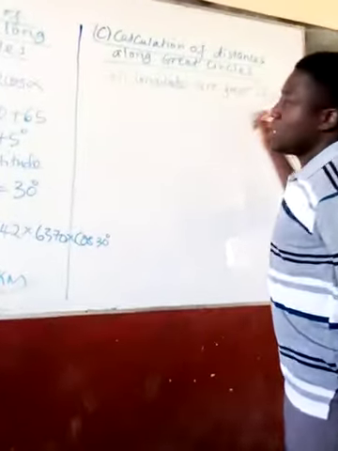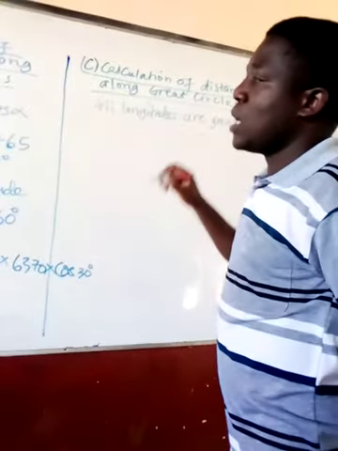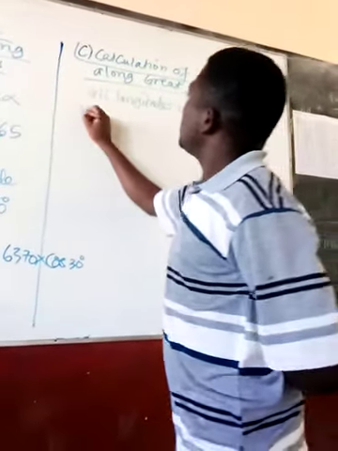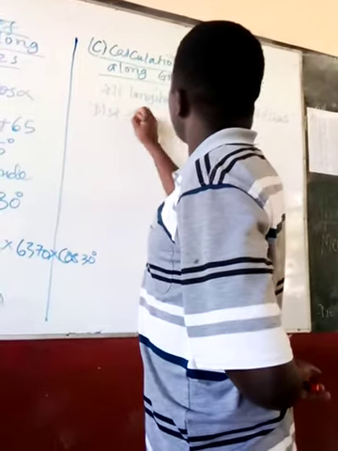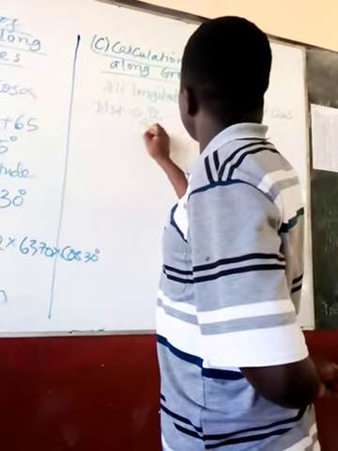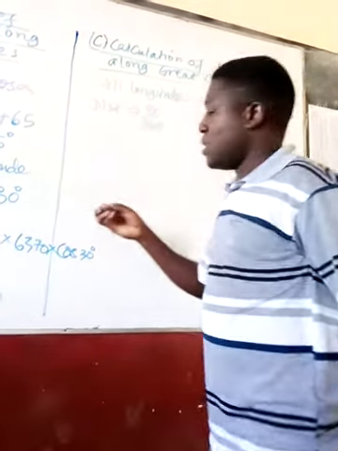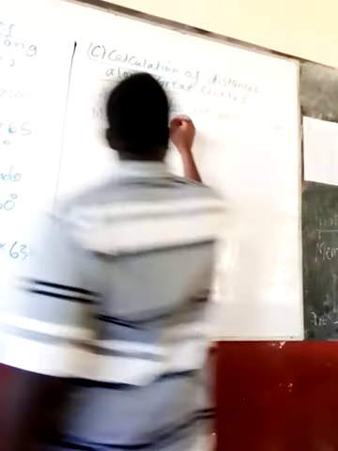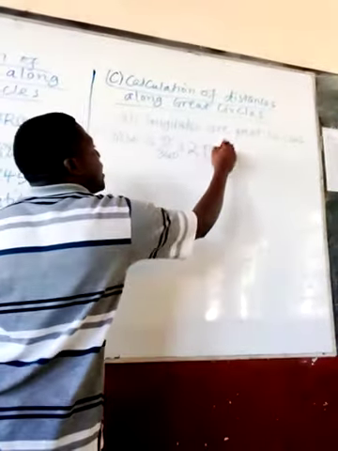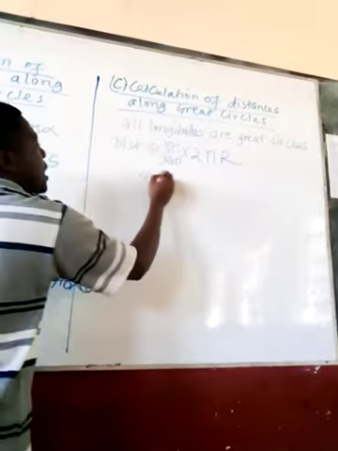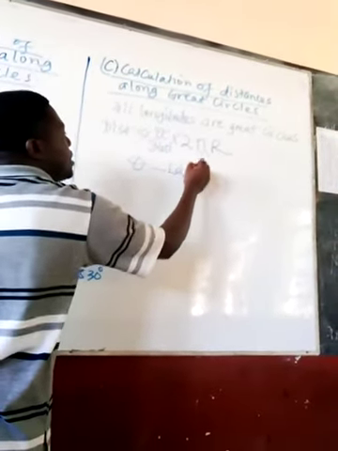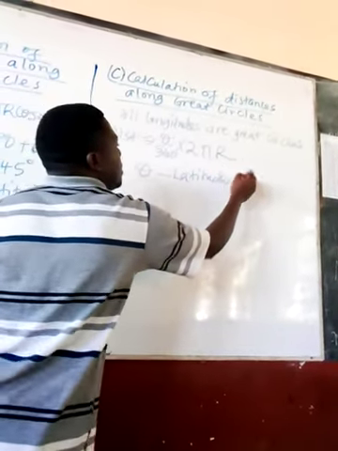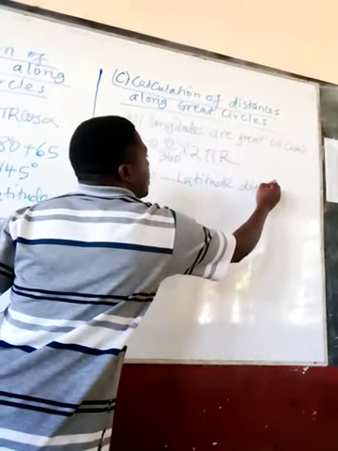Any line that runs from north to south is a great circle, and the distance is normally calculated using theta over 360 times 2 pi r. Our theta will be the latitude difference.